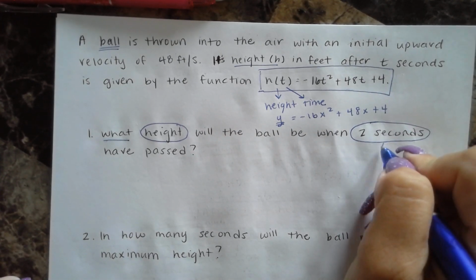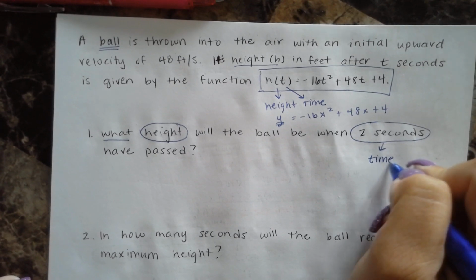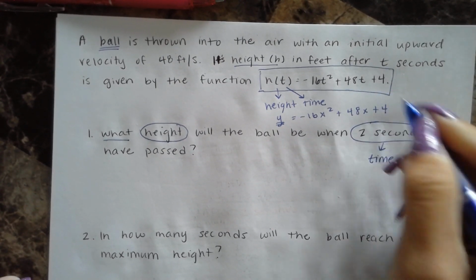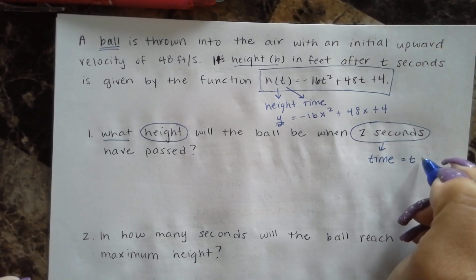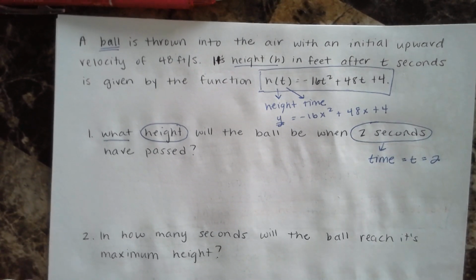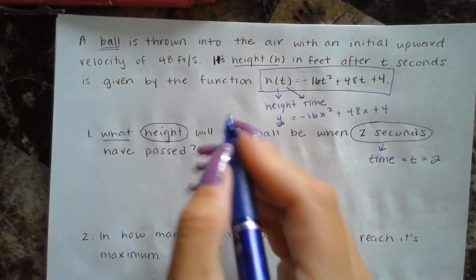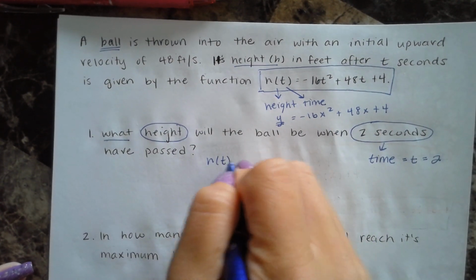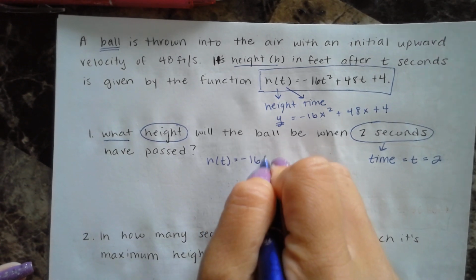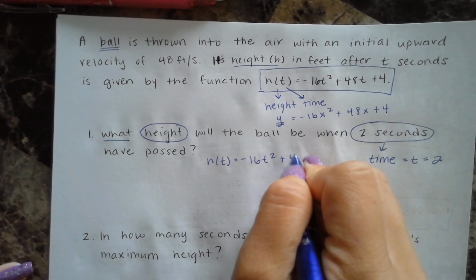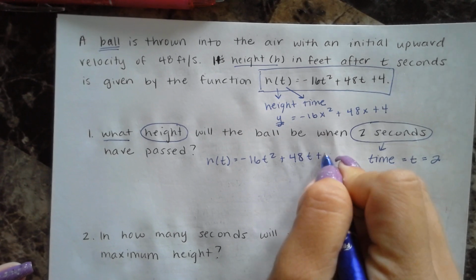Seconds is time. Time in this problem is t, and t we know is 2. So we are going to take our equation, and let's just go ahead and write that down. So h of t equals negative 16 t squared plus 48 t plus 4.